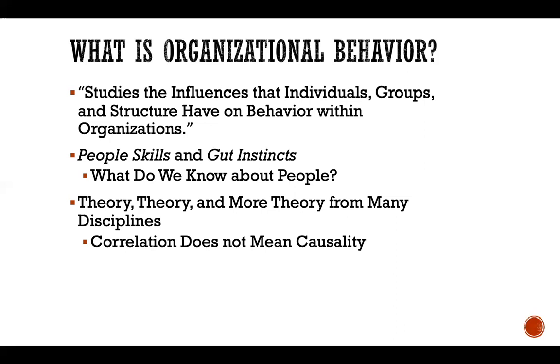Humans are complex. Organizations are complex. And so understanding how people behave inside of complex organizations when their behavior itself is complex means that we've got lots of different theories to explain small parts of what's happening inside of an organization.